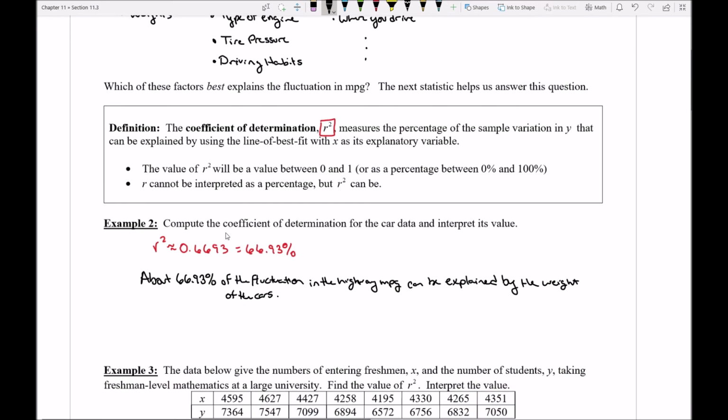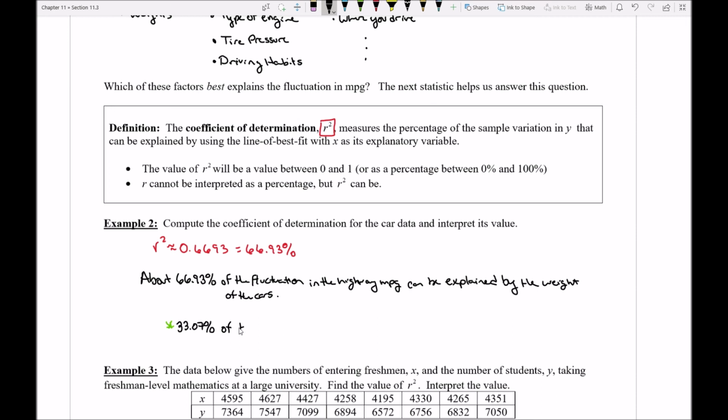Now, of course, that means that if I think about all of the change, there's still some percentage that I'm missing. So as kind of like an extra side note, I could note that this would mean that about 33.07%, notice I get this number from doing 100% minus this percentage. This is the leftover percentage.